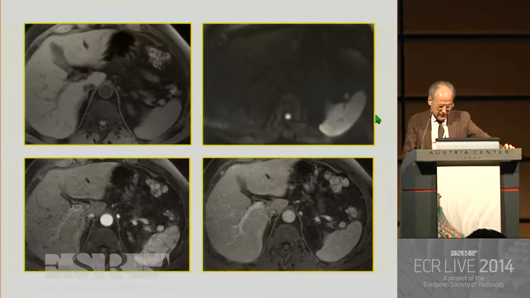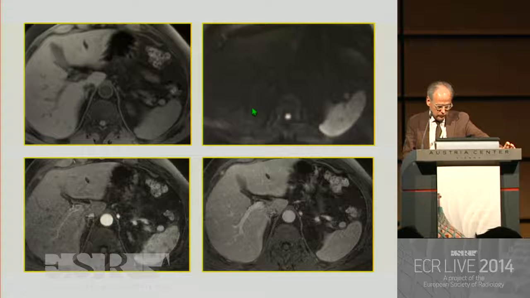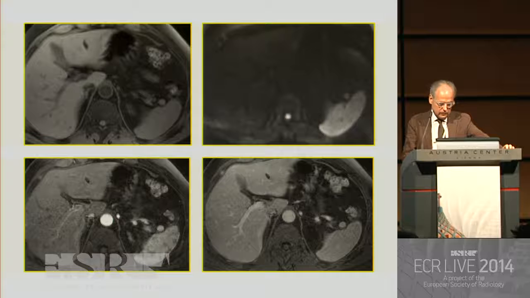However, at MR imaging, we could demonstrate that this patient had an additional round small mass located at the hilus of the spleen, which was vascular in the arterial phase, isointense with the spleen in the portal venous phase, and high signal intensity due to water restriction molecules in diffusion-weighted images.